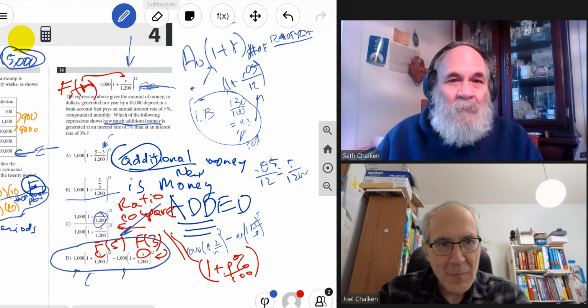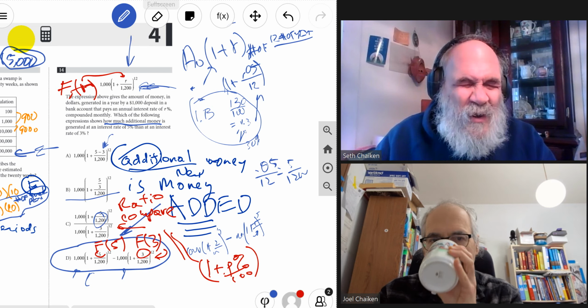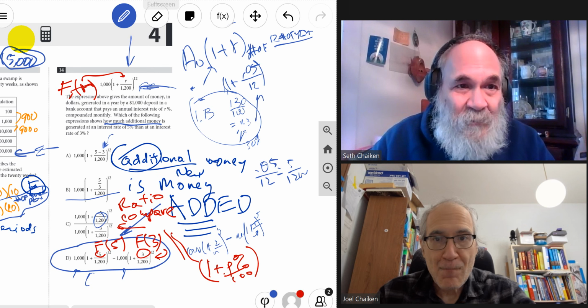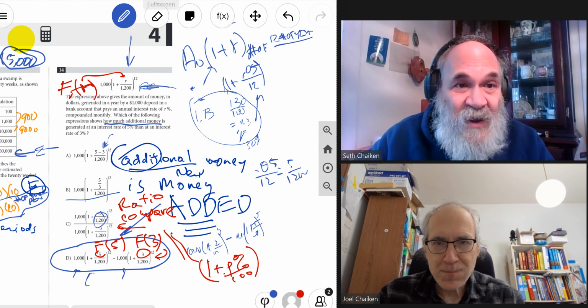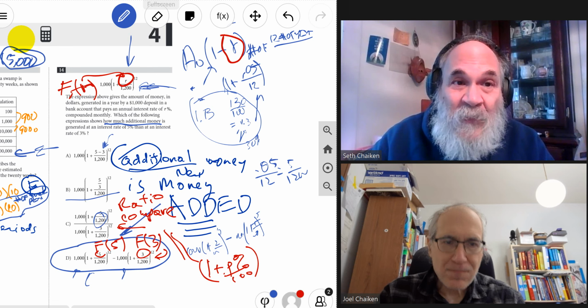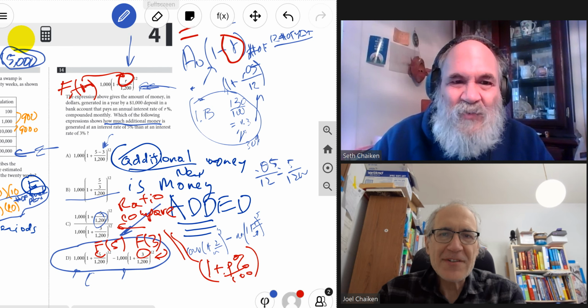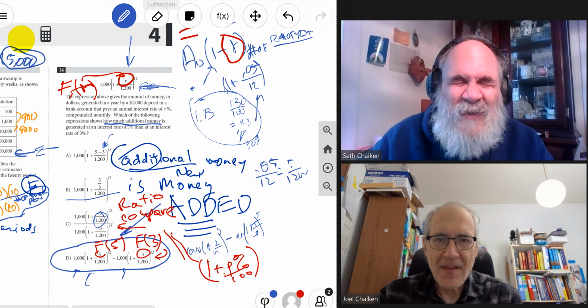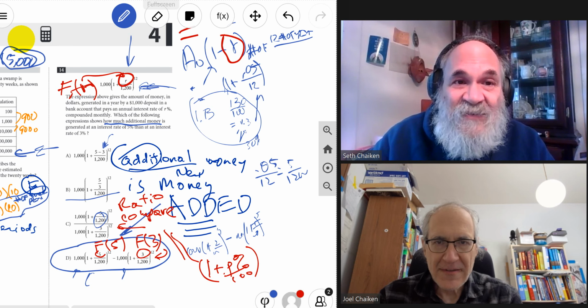I prefer to avoid problems with symbols. The R here is not the same as the R here. I would rather use, instead of that R in here, I would write, say, R1.